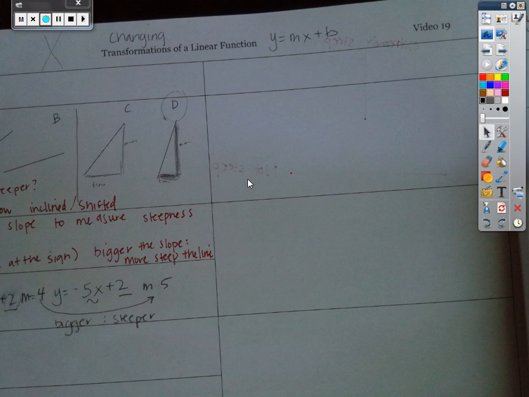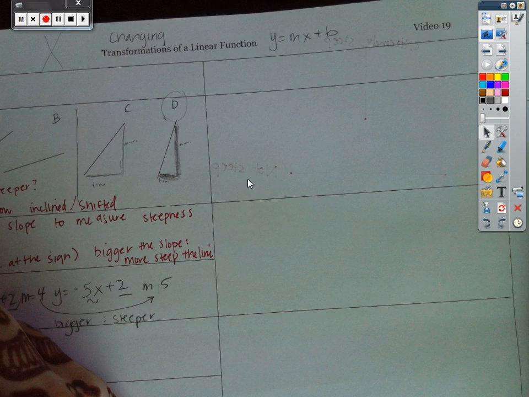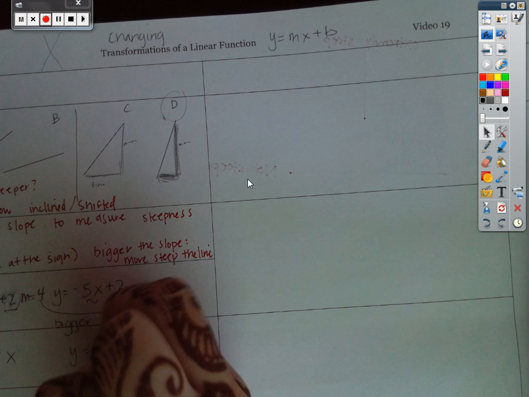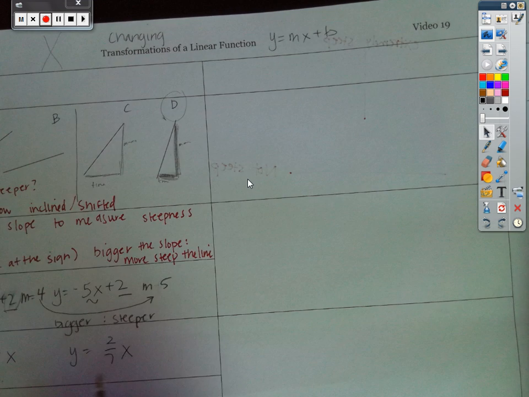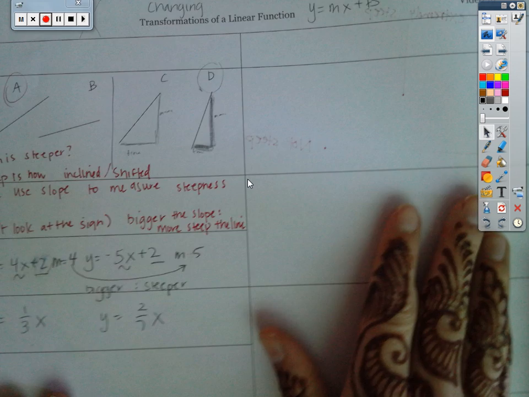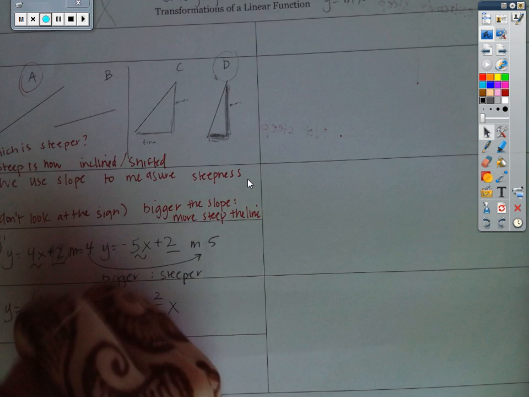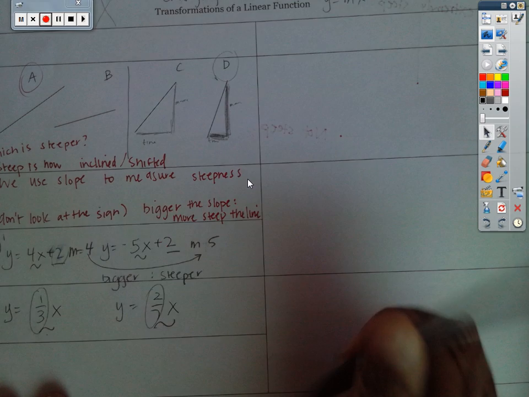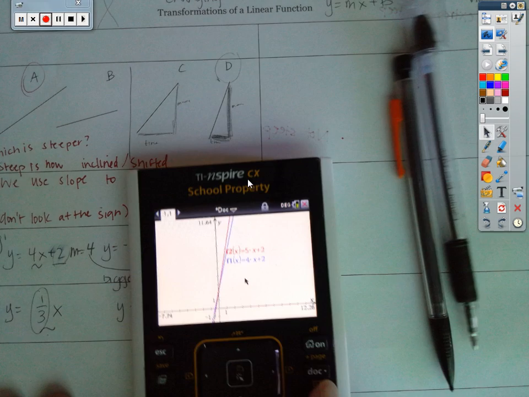Alright, so what if they give you something like this? And these are fractions. What if they're fractions and you don't know which one is bigger? Well, here's what you can do. You can go to calculator.